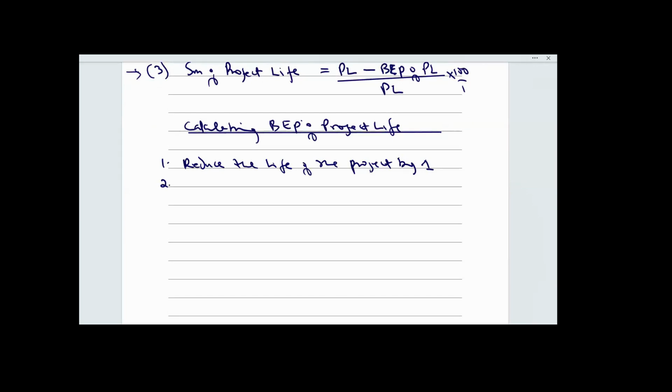Then step 2, we calculate NPV of the reduced life. Then the final step, calculate break-even points of project life using the formula below.